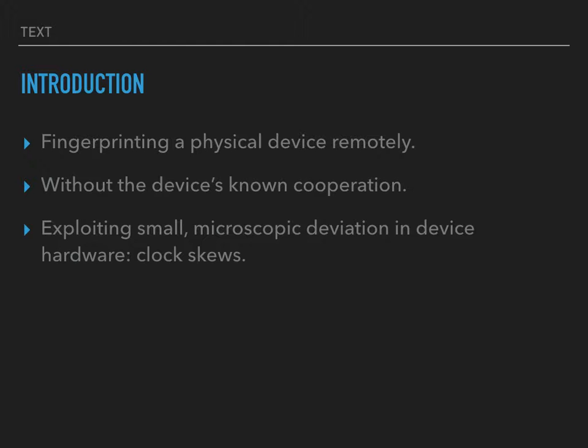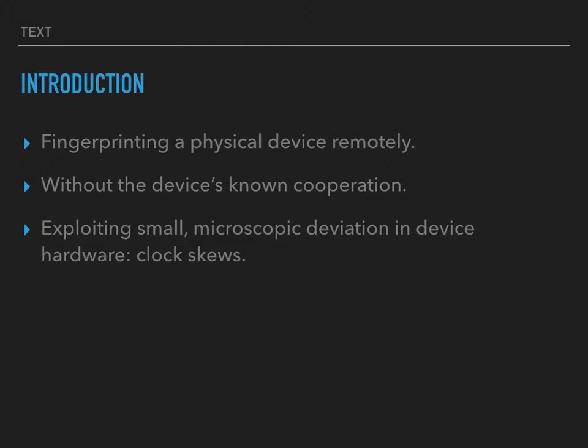Introductions. For humans, we can identify individuals by their fingerprint. Each fingerprint is unique, and similar to humans, a machine can be assigned a unique device fingerprint.